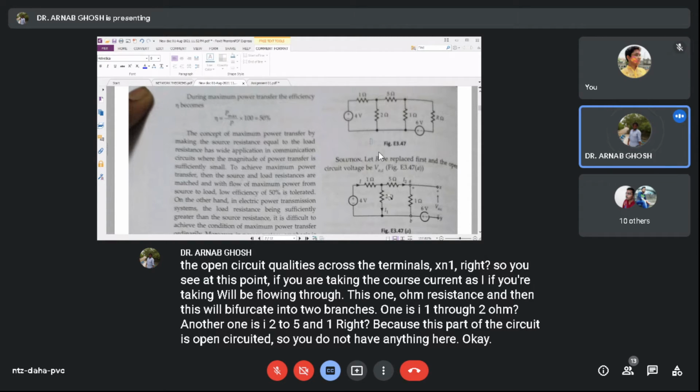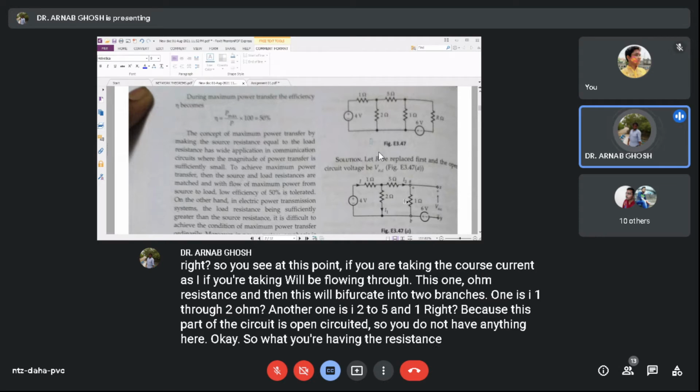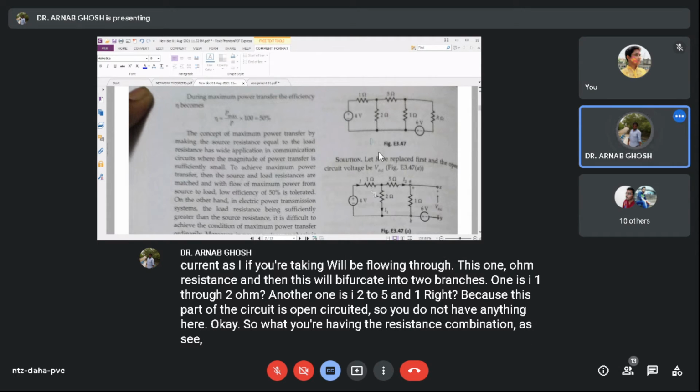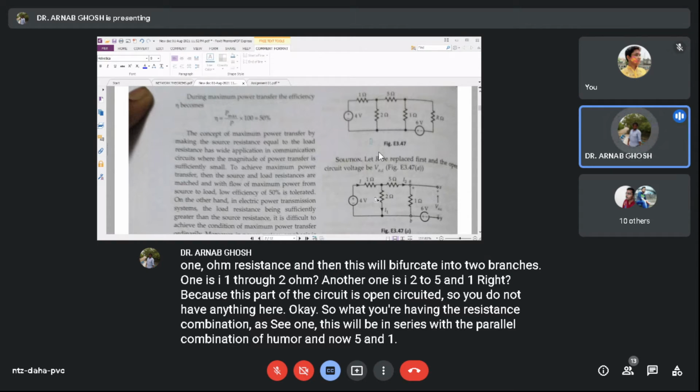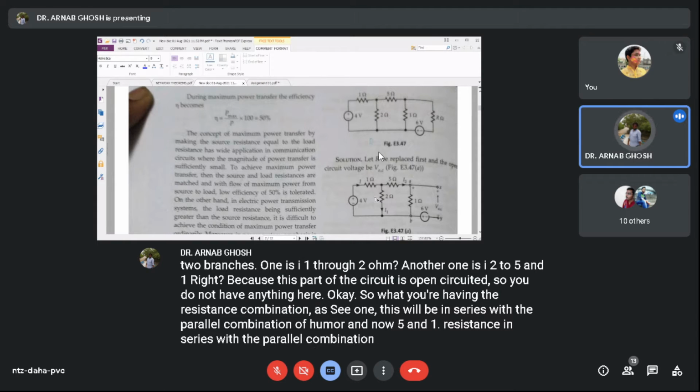Okay. So what is the resistance combination? See, 1 ohm in series with a parallel combination of 2 ohm and 5 and 1 ohm. Okay.